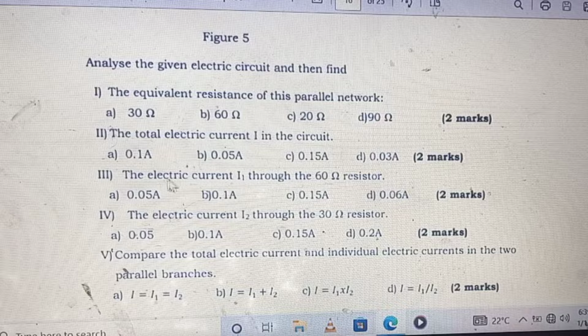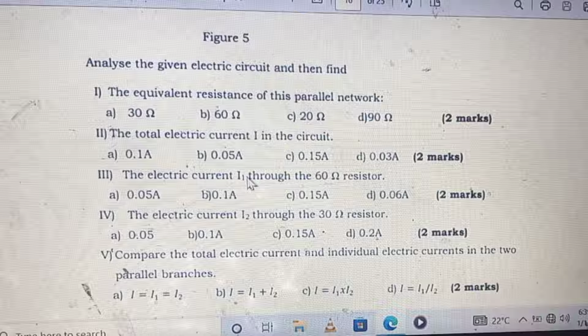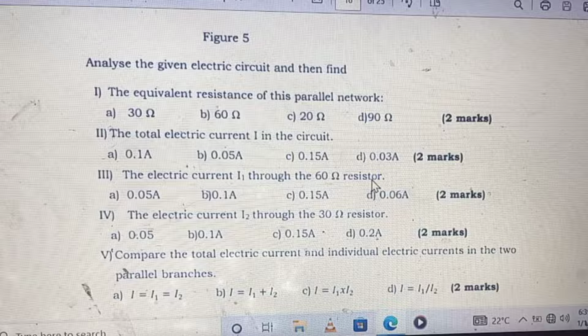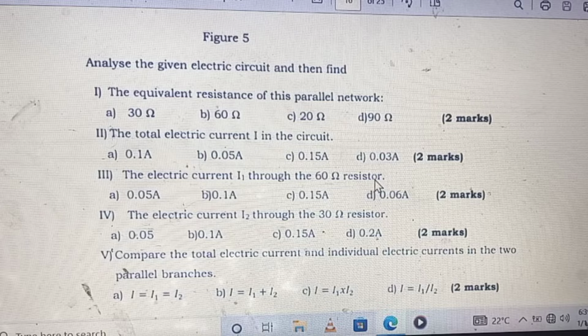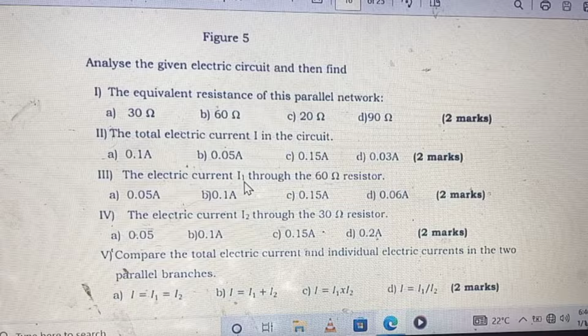I3, the electric current 1 through the 60 ohm resistor. The best option is A, 0.05 ampere. This comes from the formula current equal voltage over resistance. In current A, the resistance pass is 60 ohm.